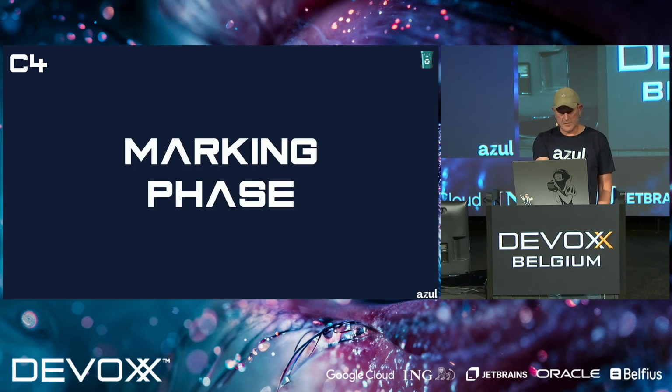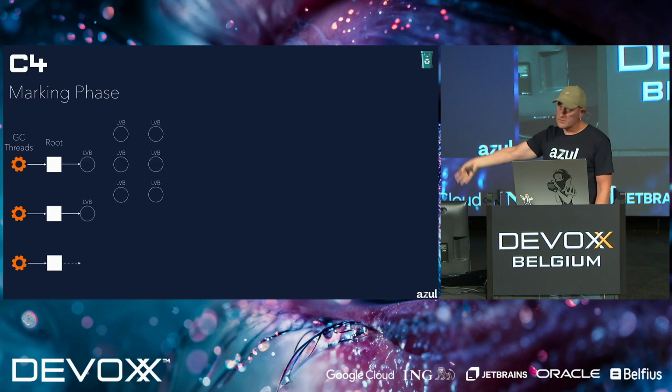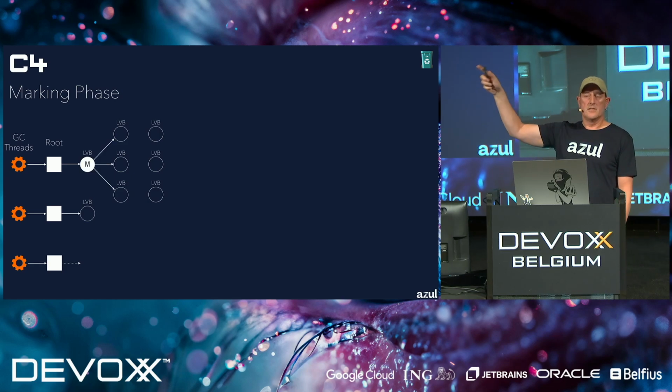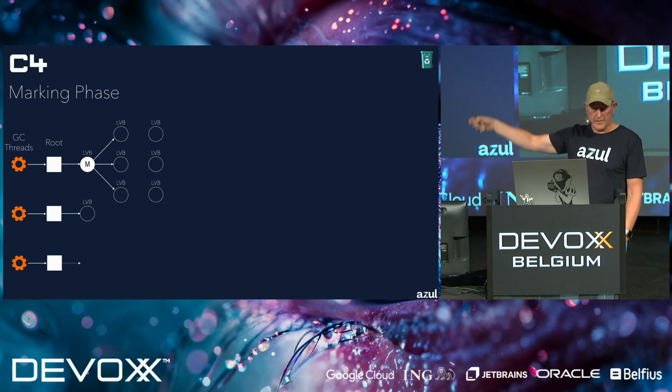So to give you an idea how this works, and as I said, same as in ZGC, we have multiple garbage collection threads. You see the squares, again, these are the roots, the stack frames in this case, and we have the references to the heap where we have the objects. So we mark all these objects, and we have the loaded value barrier, which is the read barrier, on all the objects.